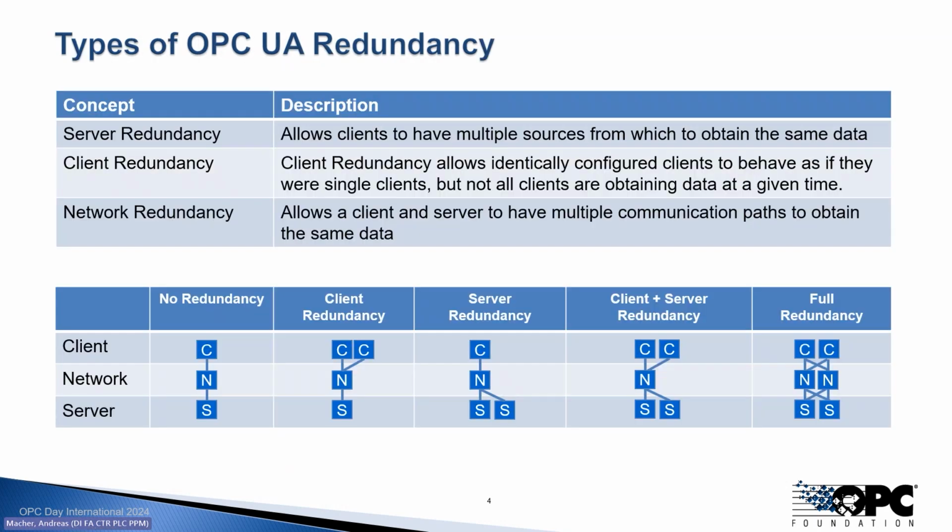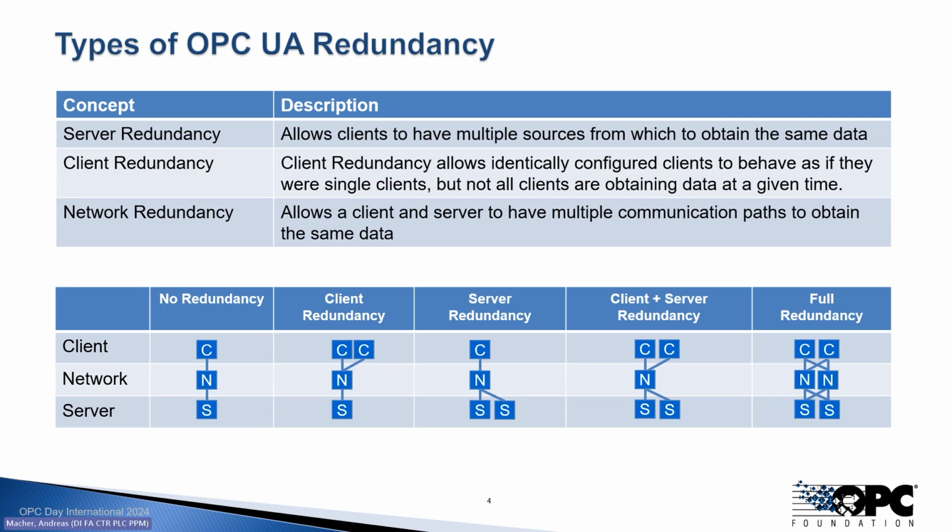So let's think about the different types of redundancy. When we looked into the specification, there is server redundancy, where the clients have multiple sources to get the data. Another concept is client redundancy.